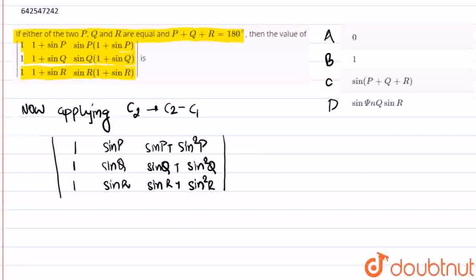Now from this determinant we apply column 3 minus column 2. So we write C3 is C3 minus C2.